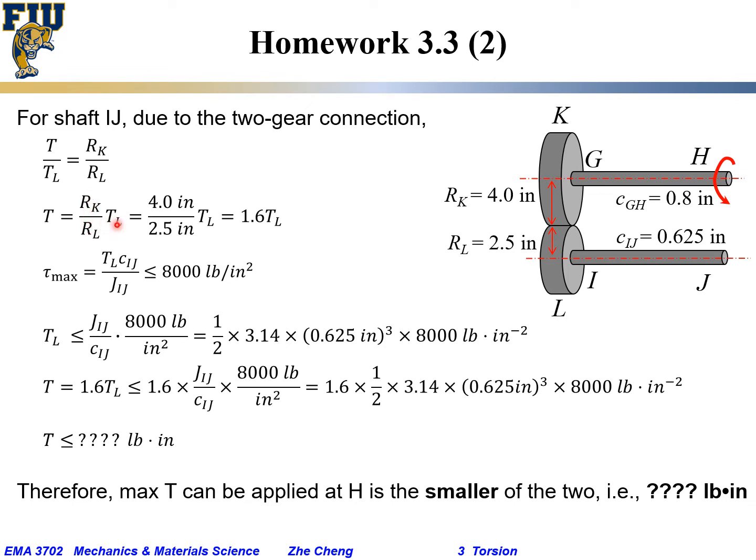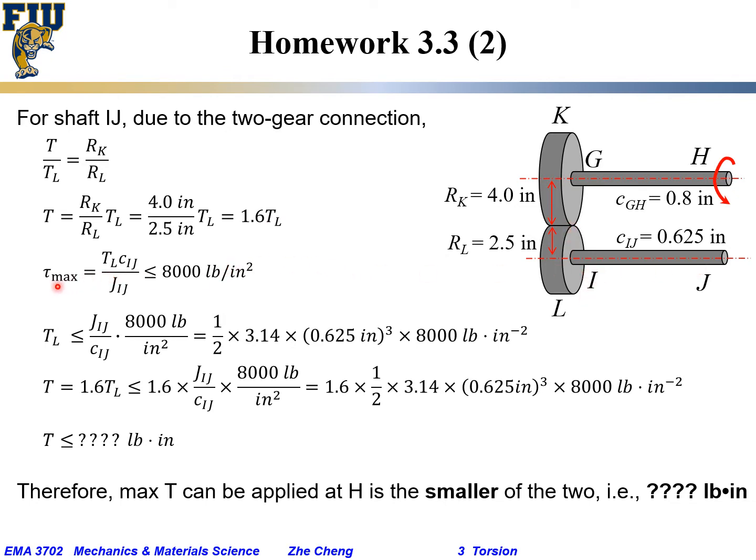Okay? Now you plug in the numbers: the radius for the K gear is 4 inches, the radius for the L gear is 2.5, so 4 over 2.5 gives 1.6 times TL. Which means the torque applied at each side will be 1.6 times the torque experienced at the L gear or at IJ.